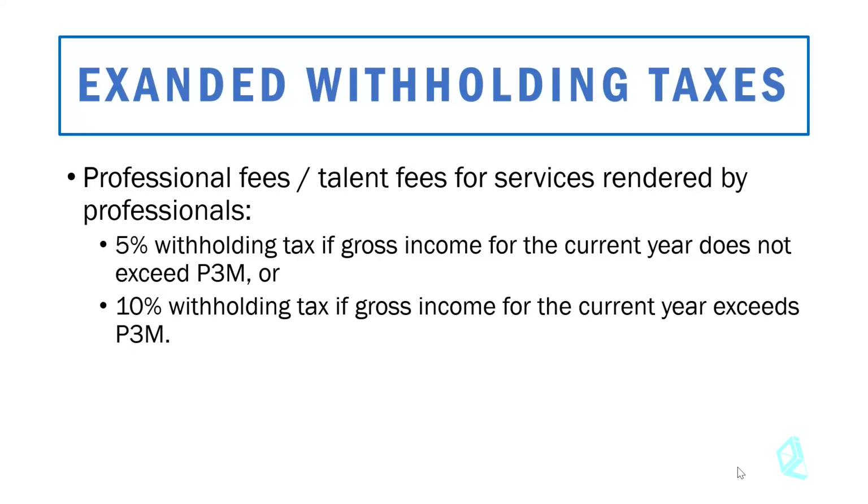So you withhold 5% if the gross income of the professional that you hired does not exceed 3 million pesos. Remember, 3 million is our VAT threshold. However, if they're already VAT registered, so you have to withhold 10% from them.